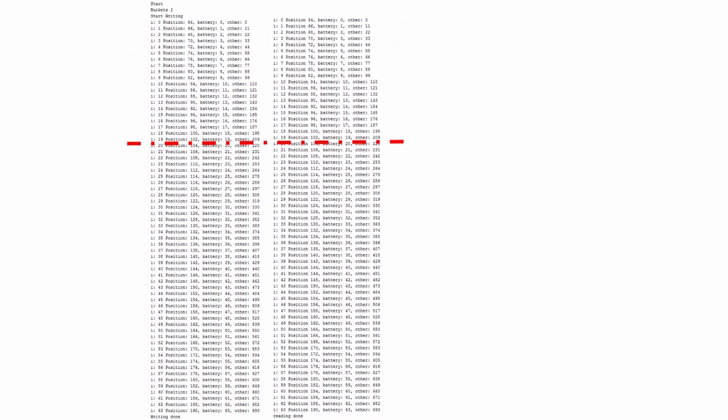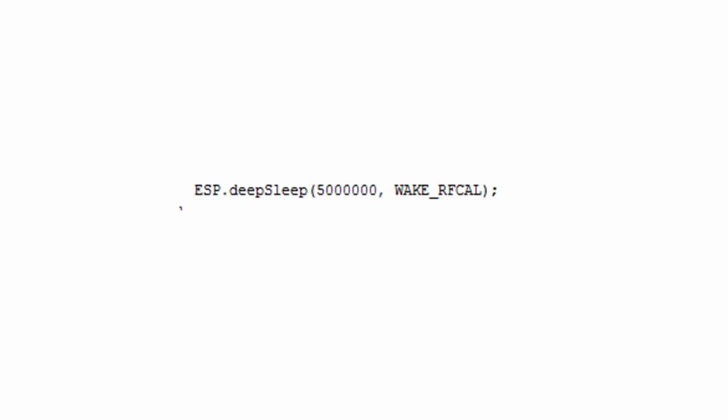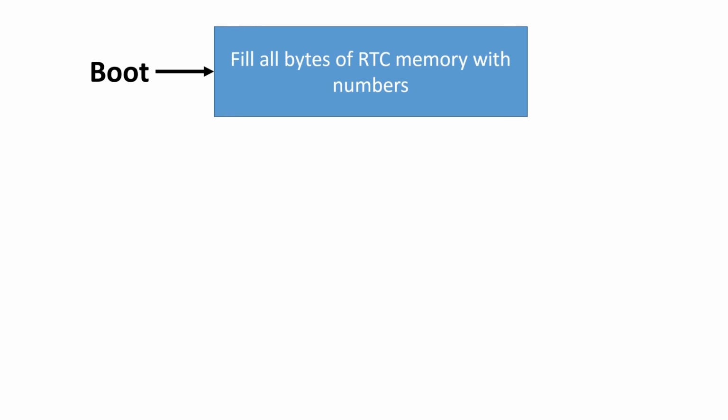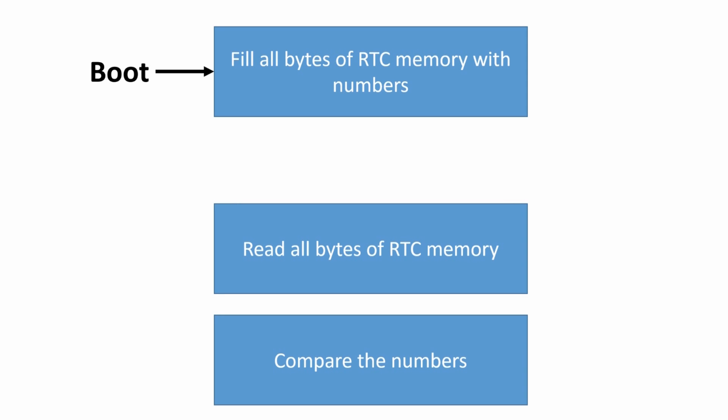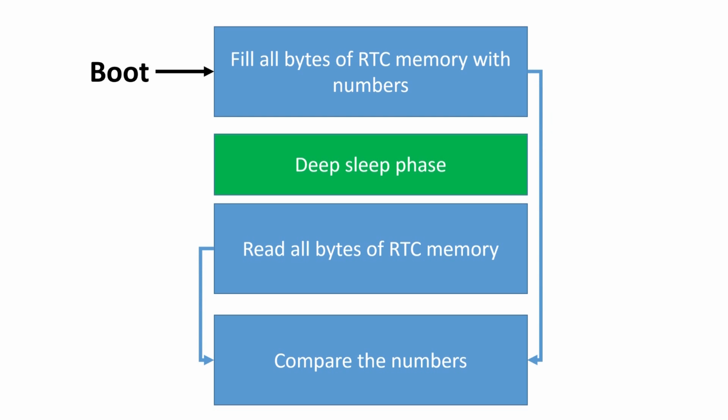Now let's test if the RTC memory really survives the deep sleep. For this experiment we just add the command ESP.deepSleep. But wait, the ESP boots after every deep sleep, and in our sketch, just after booting, the ESP writes the number again into memory. So we are not able to check if the memory values really survive the deep sleep.